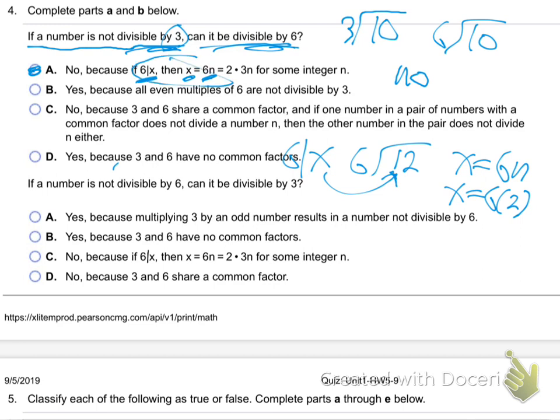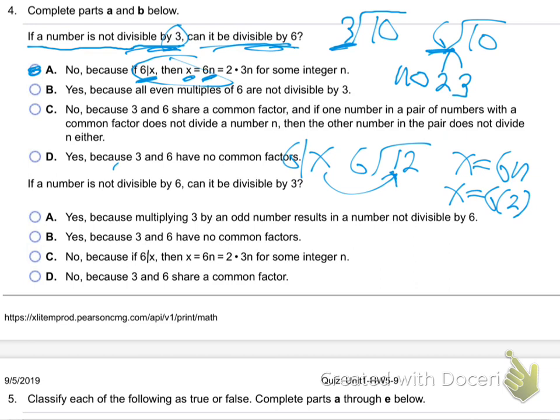This is fancy talk. But basically the answer is no, because if 3 doesn't go in, then 6 can't go in because 6 has a 3 in it. Yeah, that's our answer on that one.